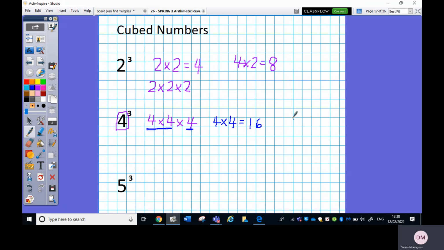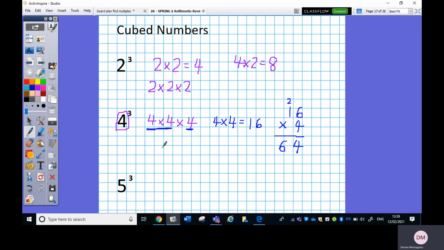This time I'm going to use the column method to help me because I think multiplying it by 4 using my times tables would be very tricky. 4 times 6 equals 6, 12, 18, 24. I'm placing the 4 here and the 2 here. 4 times 1 equals 4 plus 2 equals 6. Good. So the answer is 64.